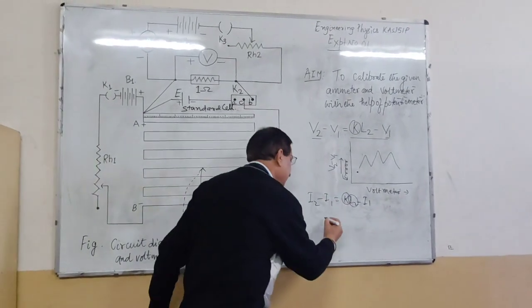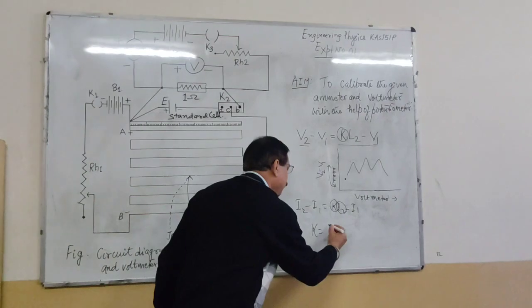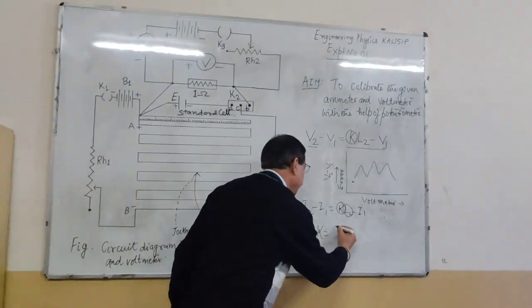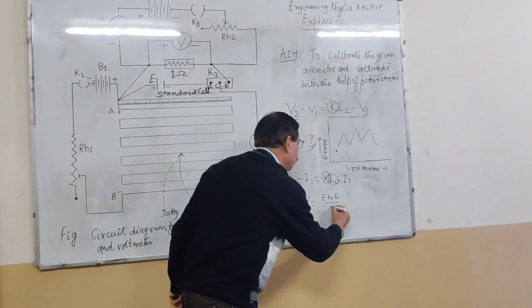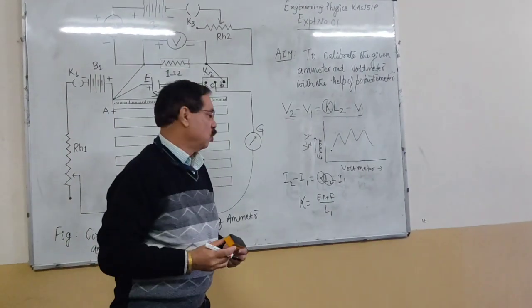Potential gradient K I will calculate by this formula: K is equal to EMF upon length of the potentiometer wire.